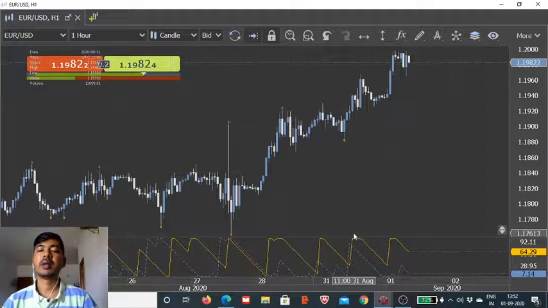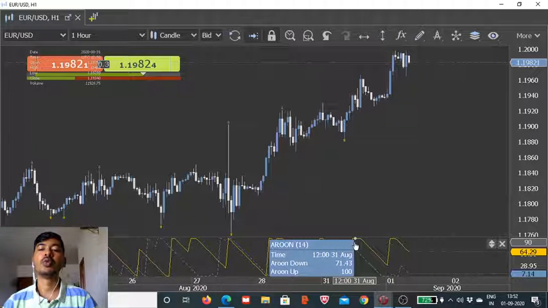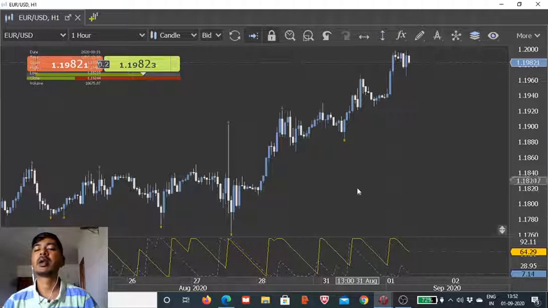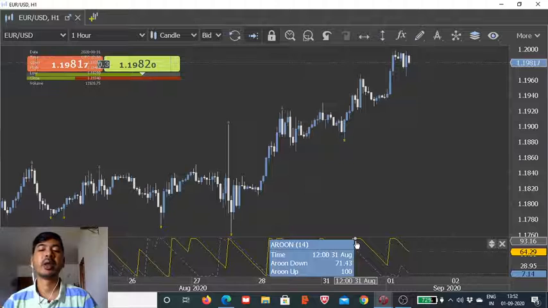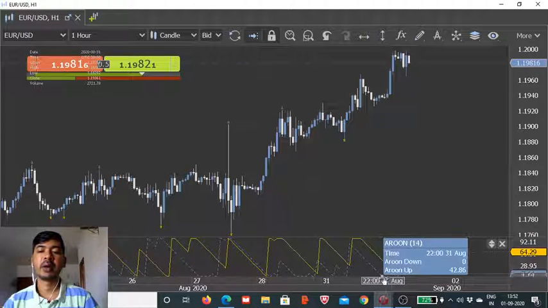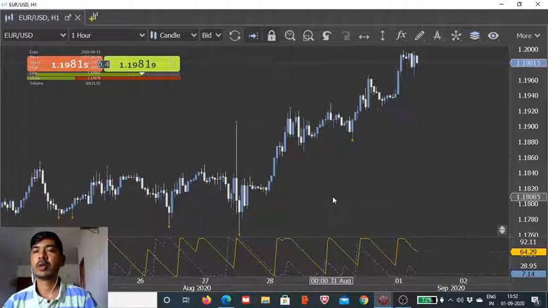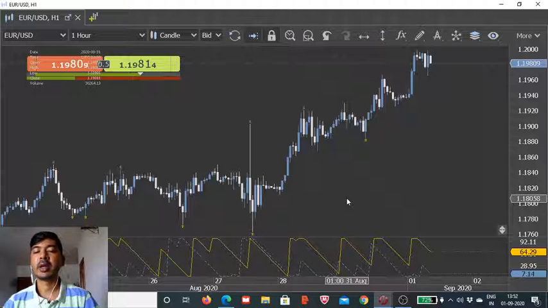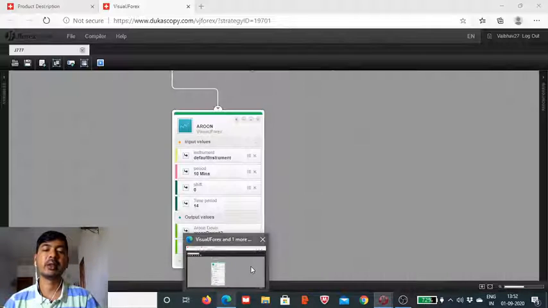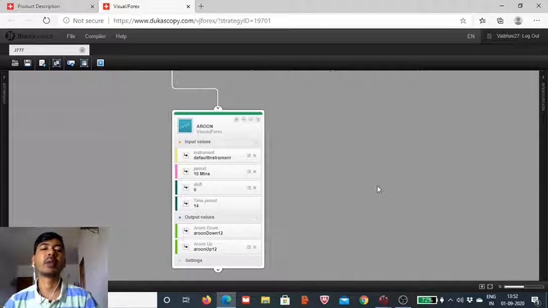Then we also went on to see new 14-hour highs being made. So here the value is at 100 for AROON up, and the AROON down value is also going down. This is the way to use this indicator to determine the trend and the strength of the trend.